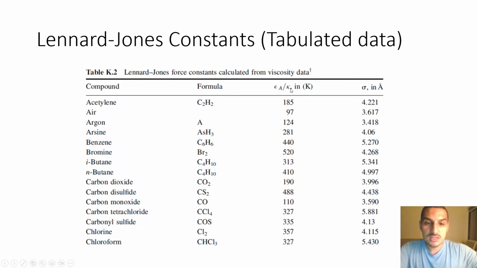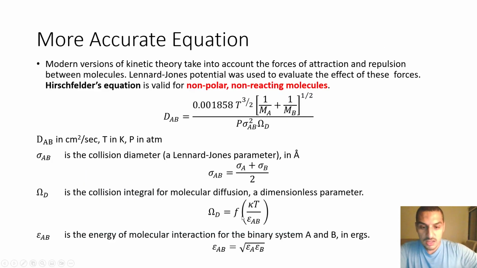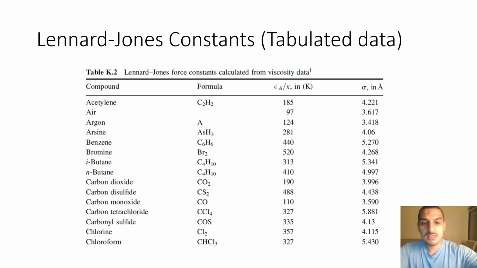And here you would see this is epsilon over kappa. So it's giving you epsilon over kappa directly. It's not just epsilon, it's this whole parameter. This is in Kelvin, and this is sigma in angstrom. So if you have your element listed in this table, it's going to be a piece of cake.